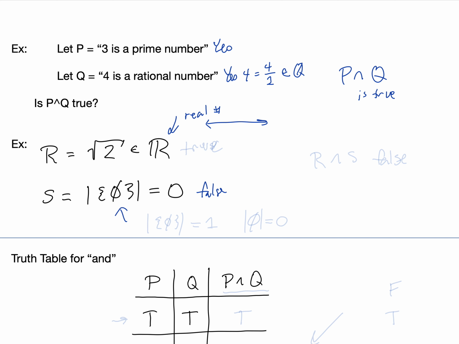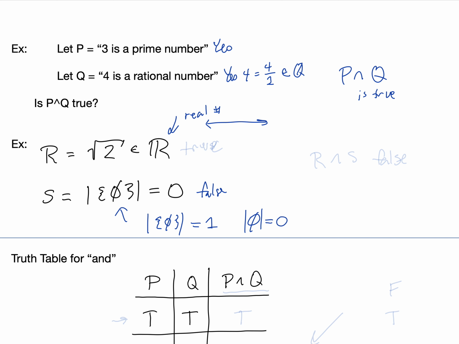Because this is the set containing the empty set. The cardinality of the set containing the empty set, well, that's a set with exactly one element, the empty set, and that has cardinality 1, as compared with just the empty set itself has cardinality 0. The empty set contains no elements. The set containing the empty set contains one element. So that's a false statement.